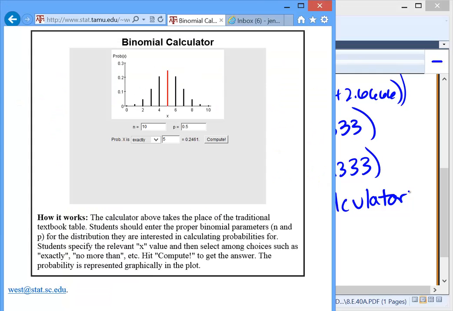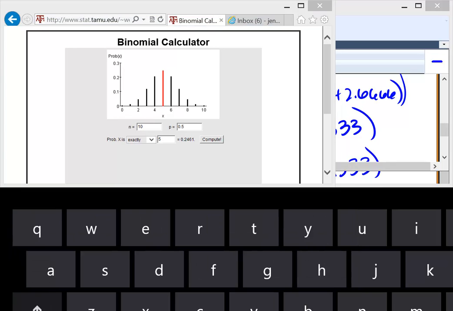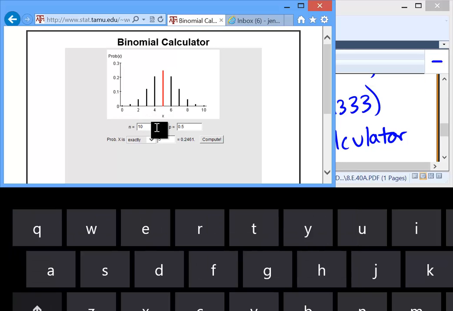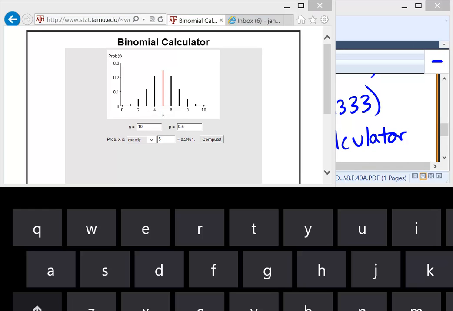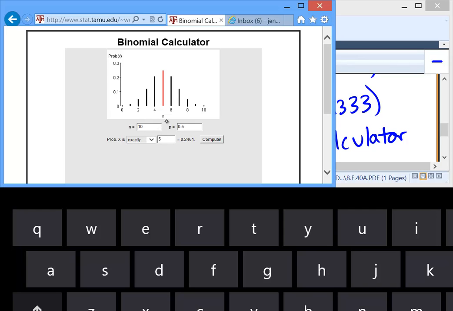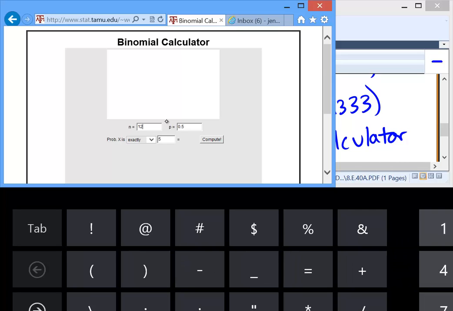So I just went online and searched for binomial calculator. This is the first one that popped up. Notice as I come through, I need to type in my sample size. So my sample size is 121, and my probability is 0.6666666. Okay.